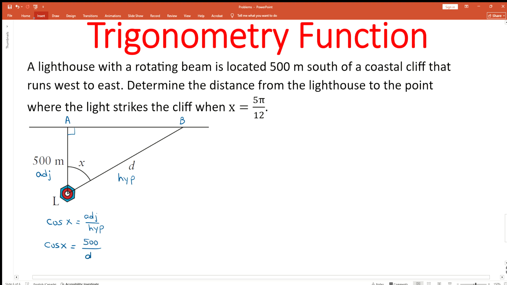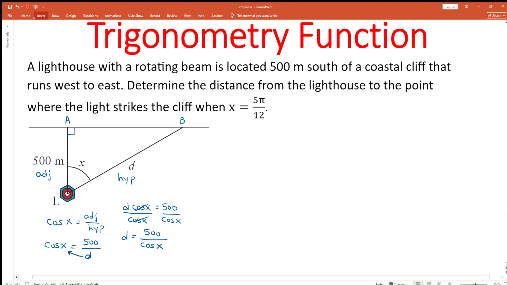We have to find the value of D, so we should isolate it in this equation. We can cross multiply D to the left side of the equation. Next, we can divide both sides by cos x. I get D equals 500 over cos x.